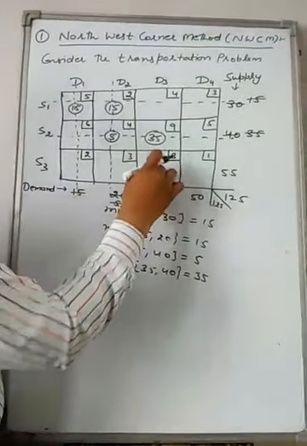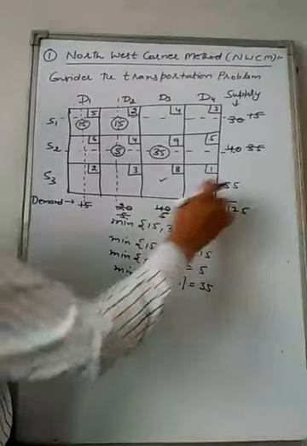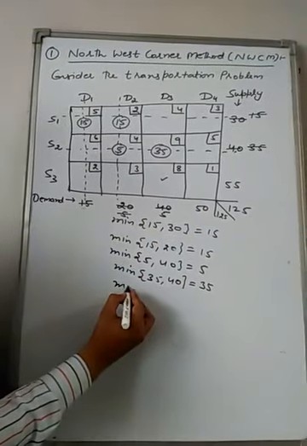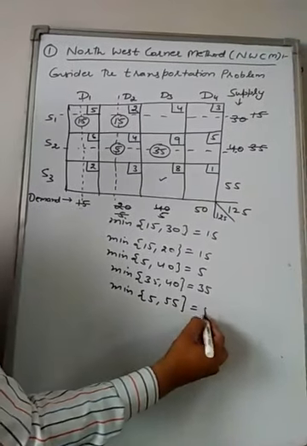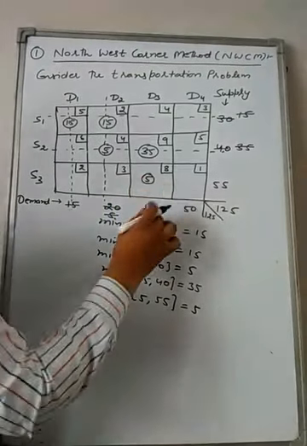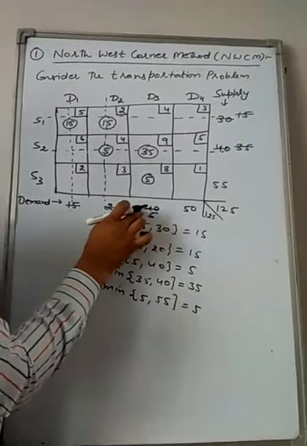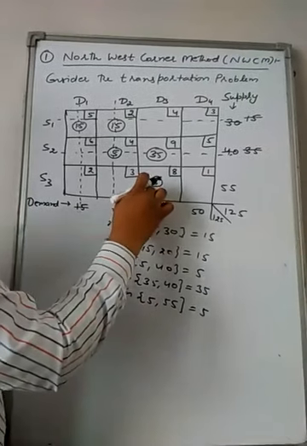Here the demand is 5 and supply is 55. The minimum of 5 and 55 is 5. Therefore, we will allocate here 5, as the demand at this destination is 5 and 5 we allocate.